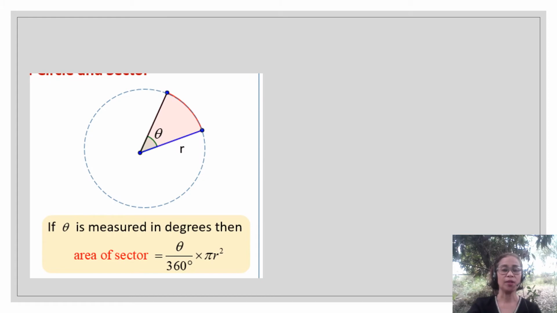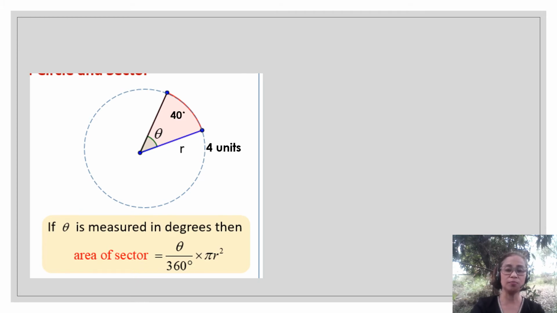Let us now apply how to find the area of a sector in this given problem. I have here this pink shaded area, and we have to find the area of the sector. The radius is 4 units, and theta, which is the central angle, is only 40 degrees.